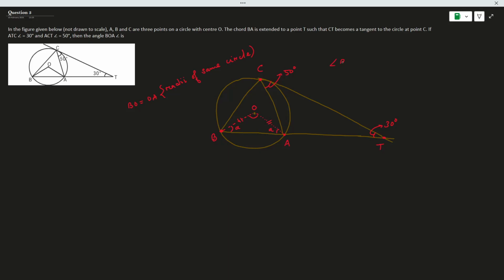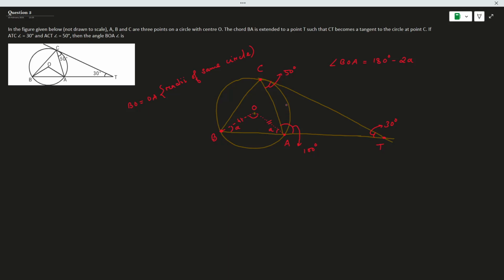So angle BOA is equal to 180 degree minus 2 alpha. So I need to find the value of alpha somehow, right? This is 50 degree, this is 30 degree, so 50 plus 30 is 80 degree. 180 minus 80 will give me 100 degree. So this angle will become 100 degree.